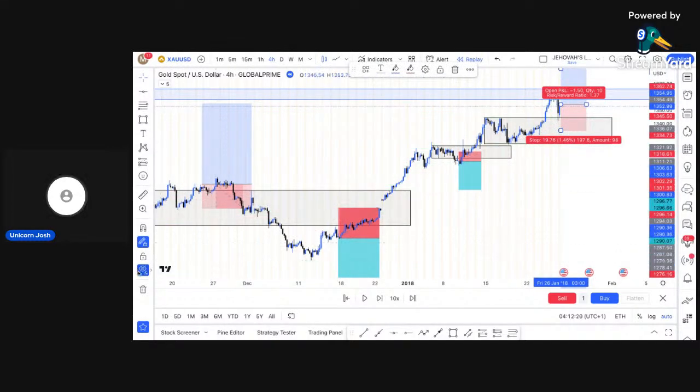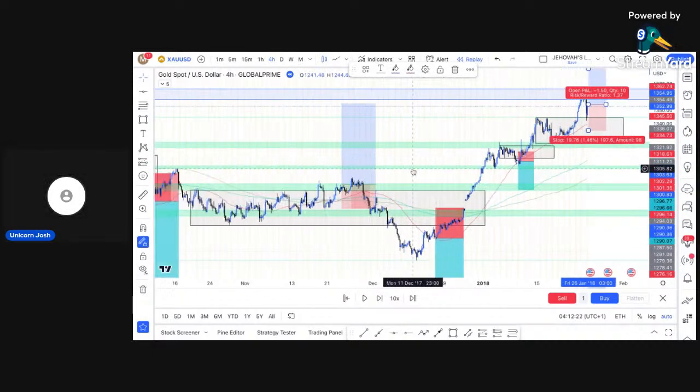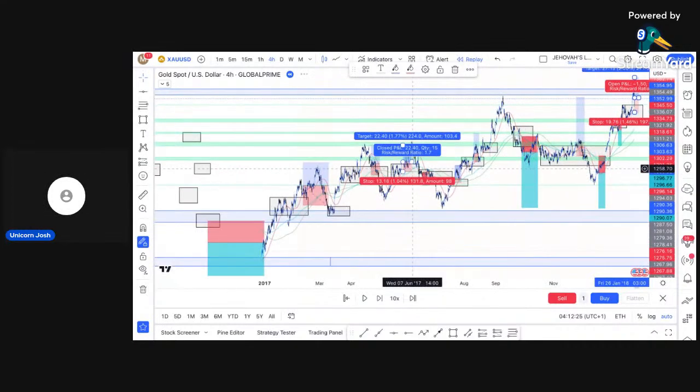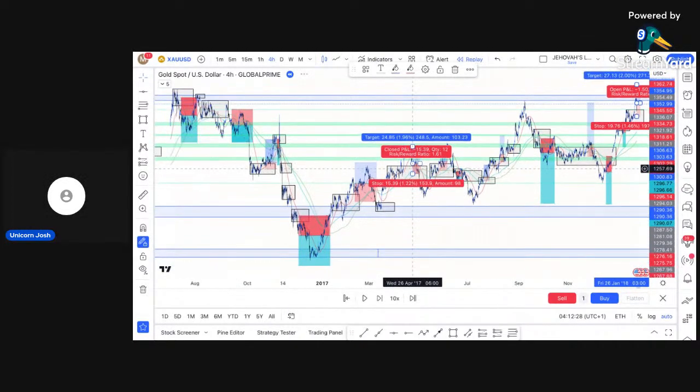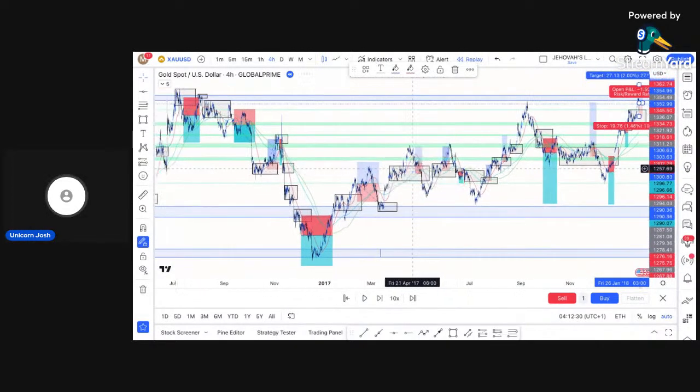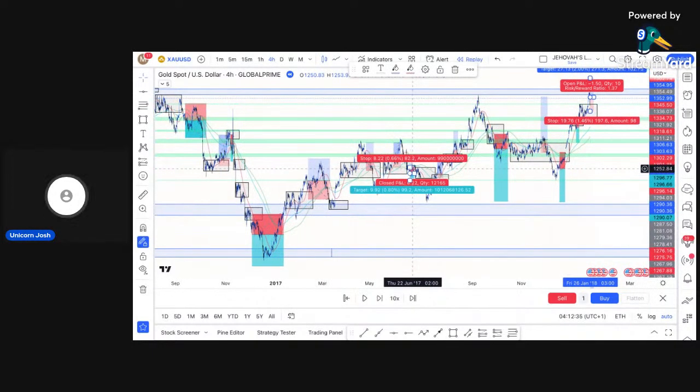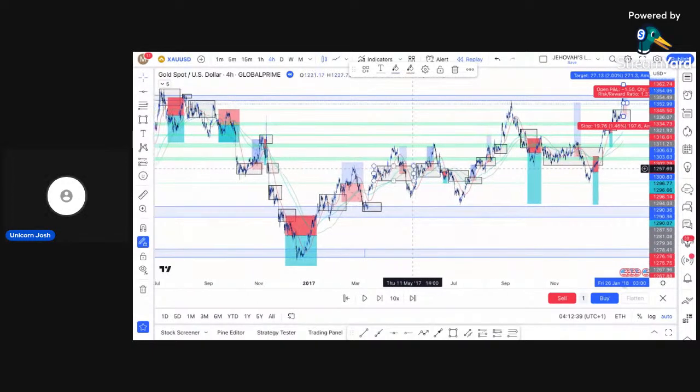But for me to get the most value from my trade long term, I would like to have my TP be at least two times what I'm risking.